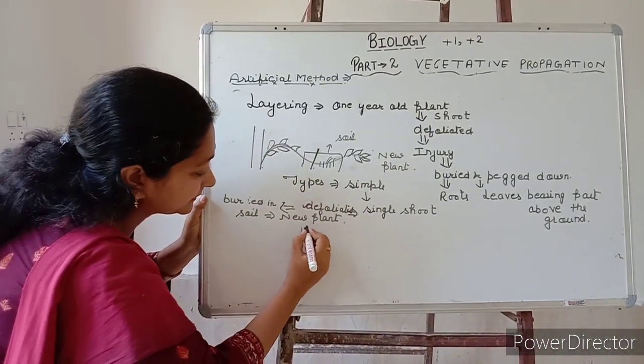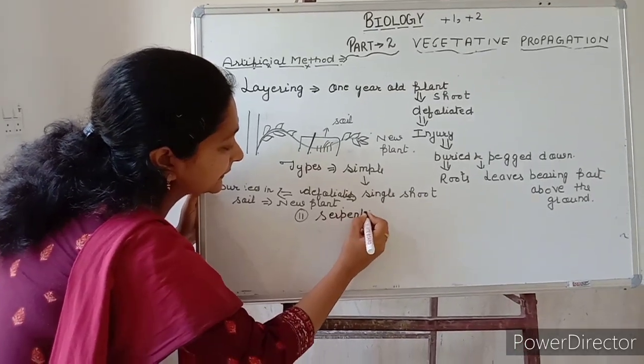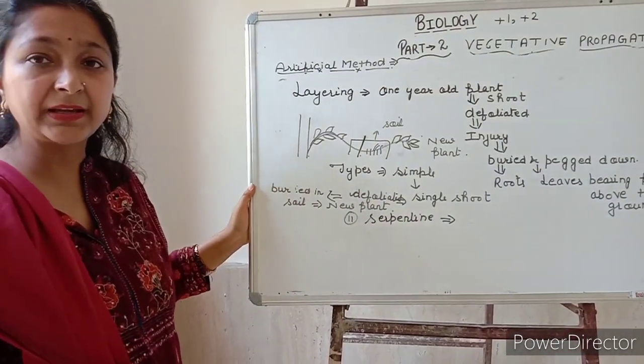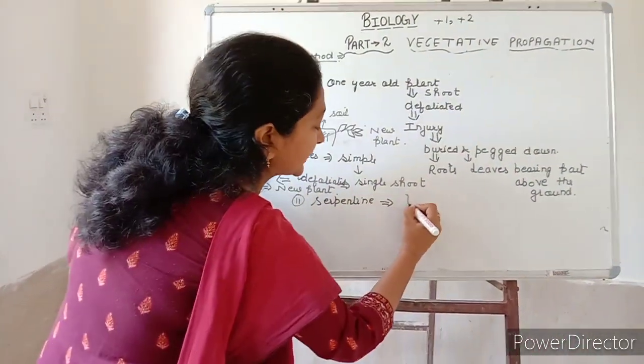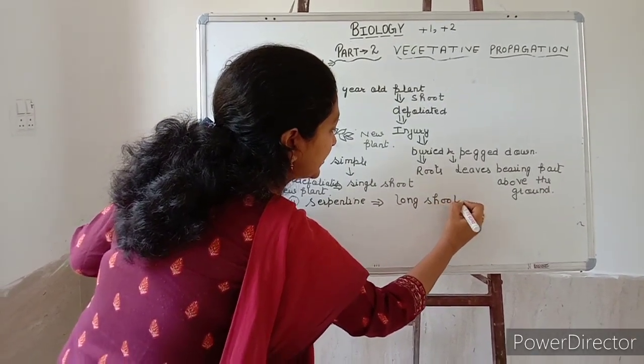Second is serpentine layering. In case of serpentine layering, a long shoot is taken.